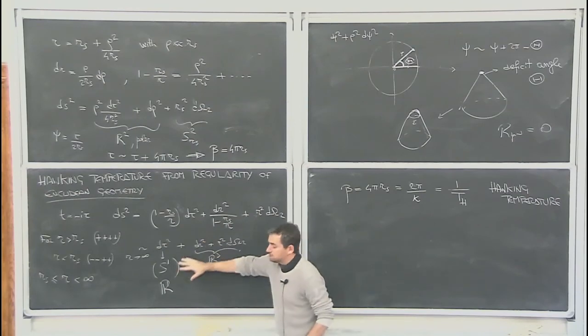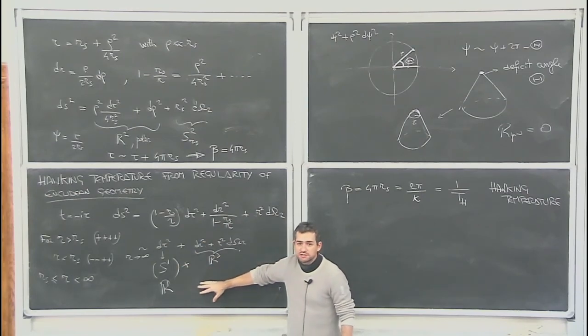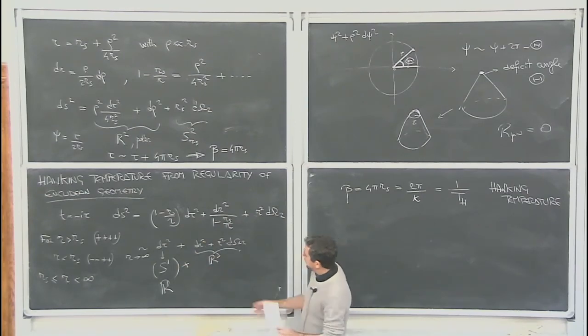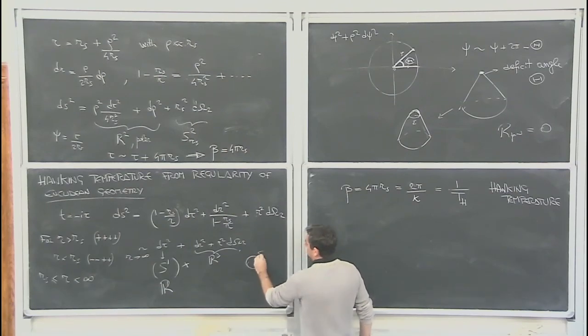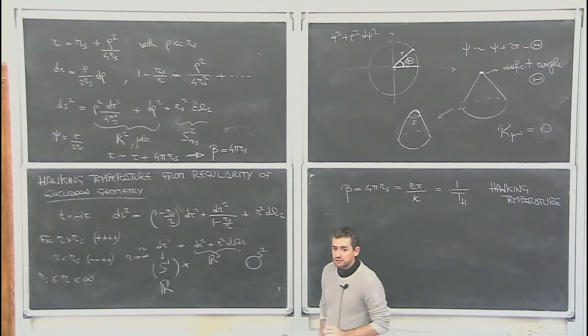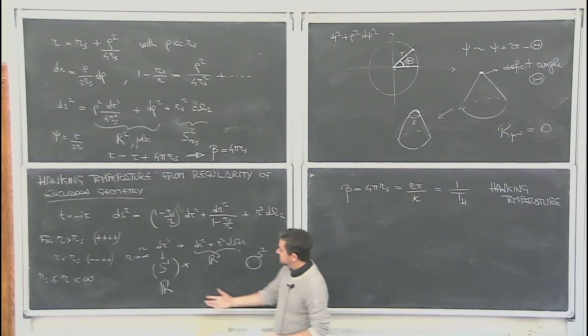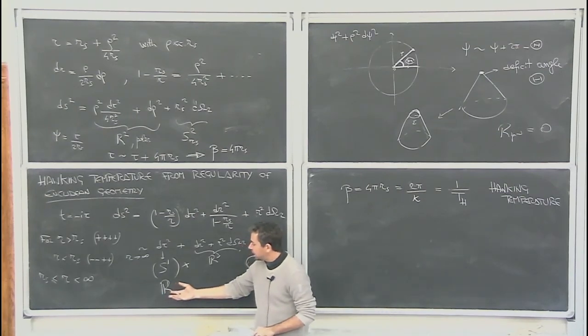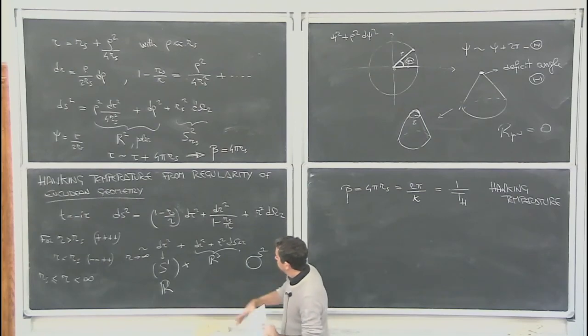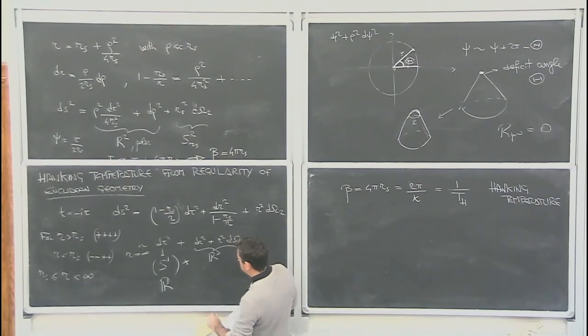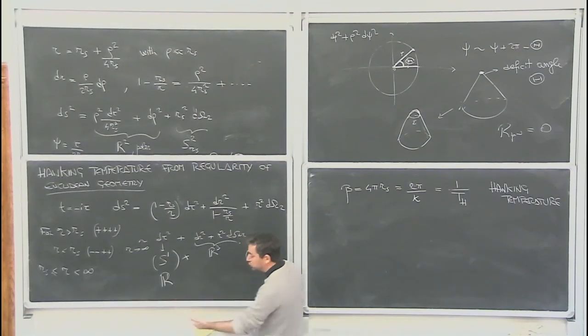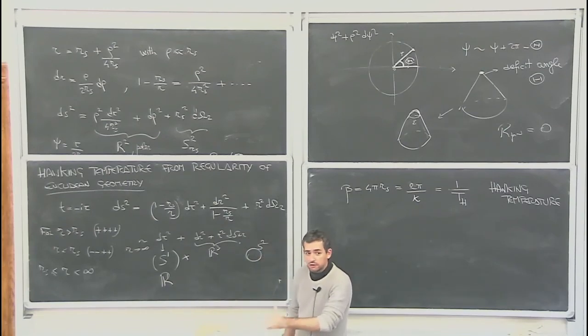But let's see what the picture is. Maybe I can draw a picture to show this more explicitly. So we have S2. S2 is always there, and let's live with that. Then the rest of the space is this R. It becomes R2 close to the tip.